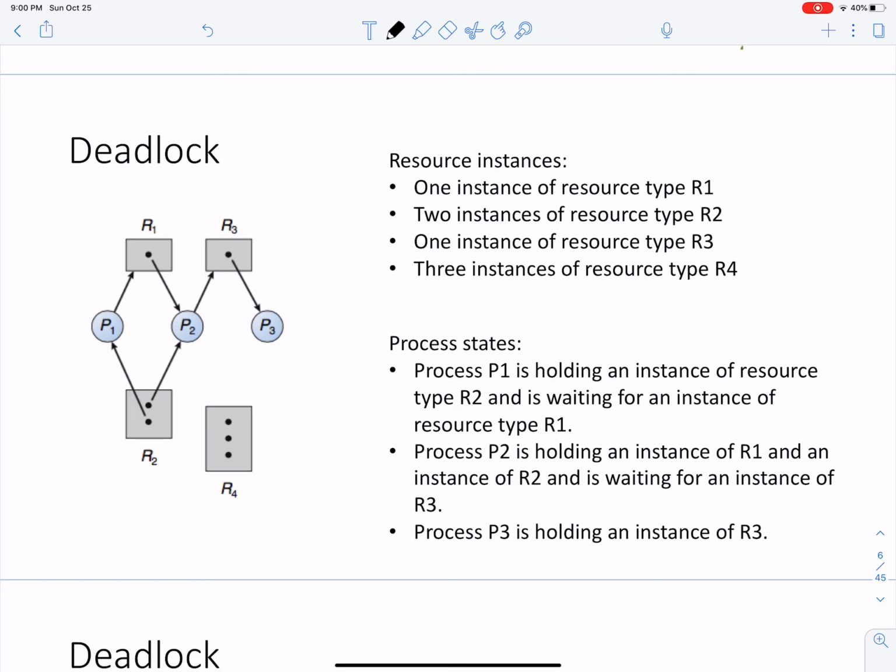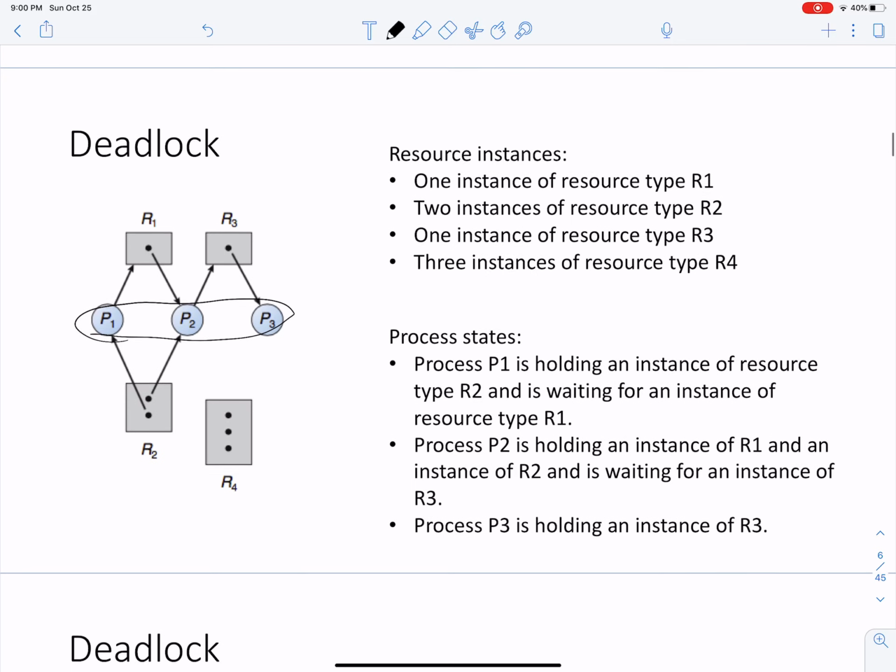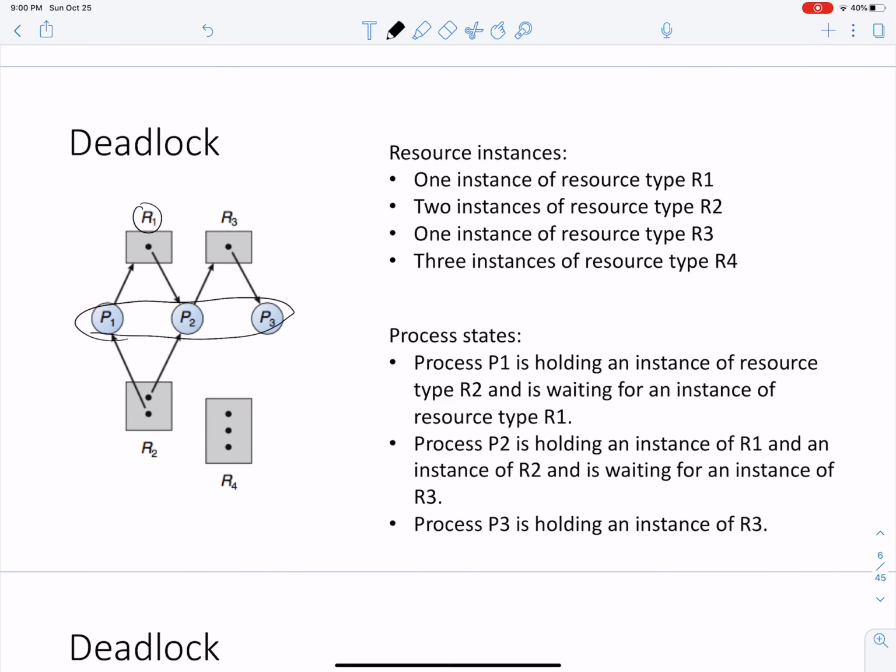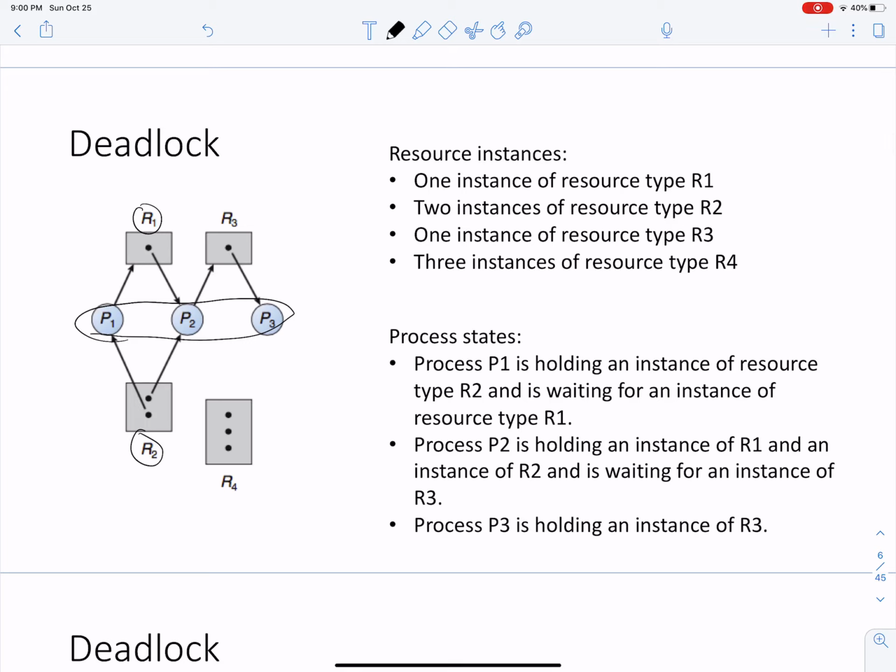Here we have three processes and four different types of resources. We have one instance of resource one, two instances of resource two, one instance of resource three, and three instances of resource four. We can see that one instance of resource two has already gone to process one, whereas P1 is asking for R1.